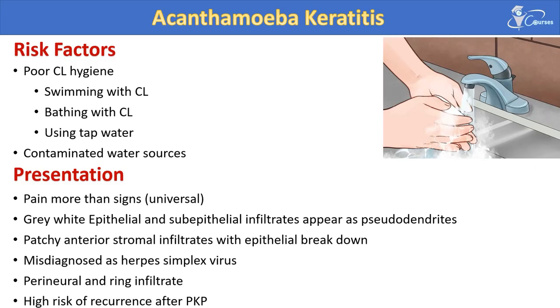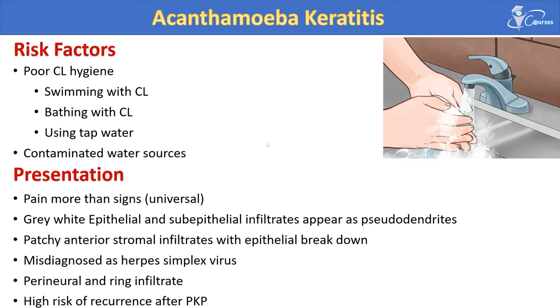Contact lenses have been specifically linked to two kinds of organisms. It can be present with any kind of infection, but when the patient presents with contact lens related infection, always think about acanthamoeba keratitis and Pseudomonas keratitis. In terms of frequency, Pseudomonas is more common than acanthamoeba keratitis.